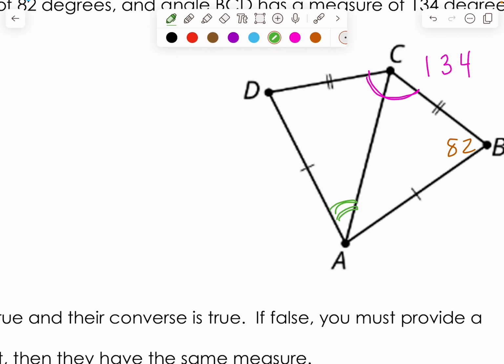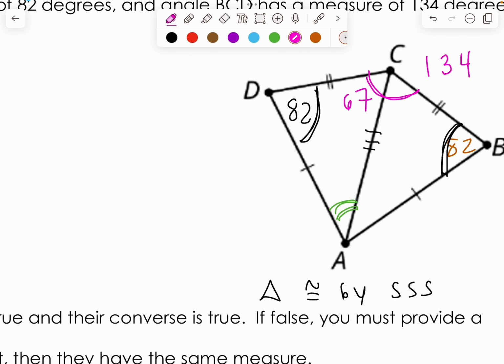We know that these triangles are congruent by side, side, side. 82 degrees over here, that means that's 82 degrees. This 134 is going to be cut in half. So it's actually just 67 on one side, 67 on the other.